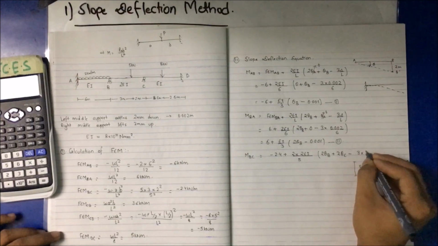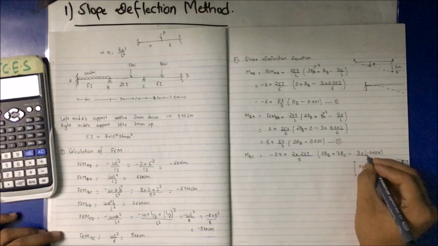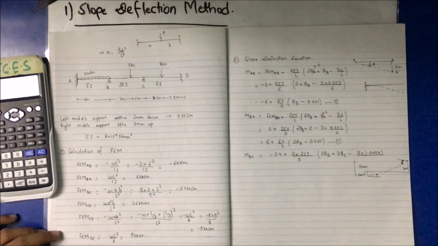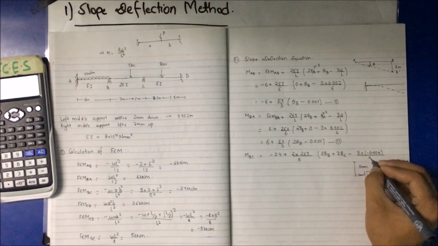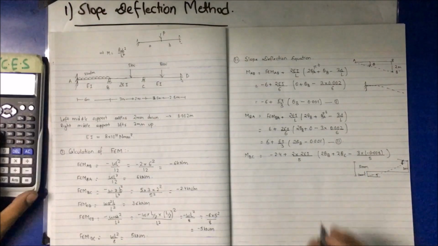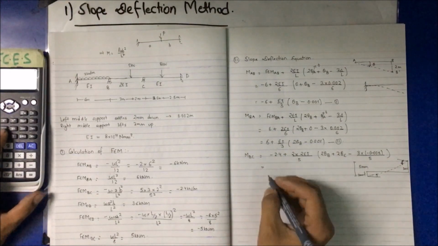So 3 into minus 0.005, L being the length, L is 5 here. So we can calculate the value now just by performing some calculation.